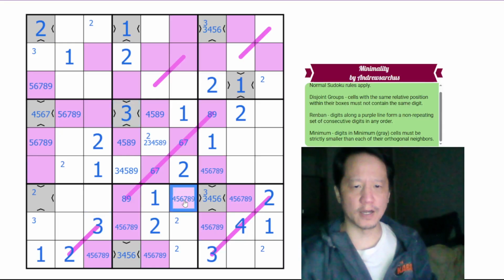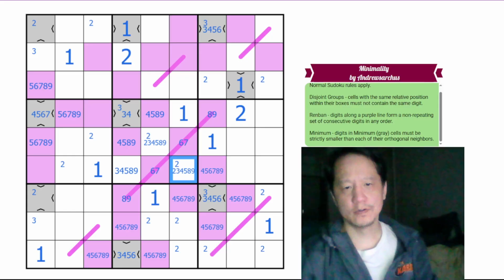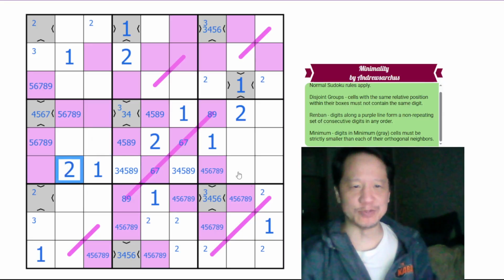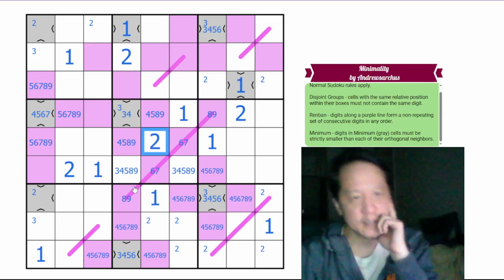Let's see. And then we have a problem. We have a contradiction because we'd have to have 3 in one of these spots here, which is not allowed. So this can't be 2, which means this is 2. Okay. Yeah, that was, I don't know. I'm not sure how you're actually supposed to figure that out without just plugging in digits.